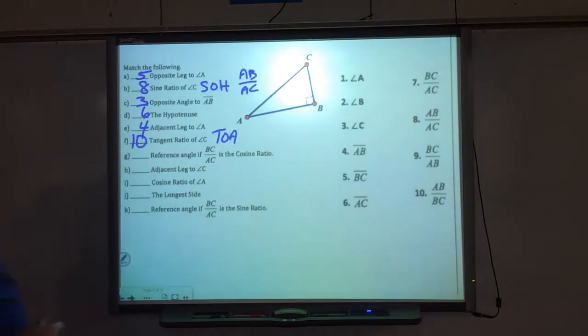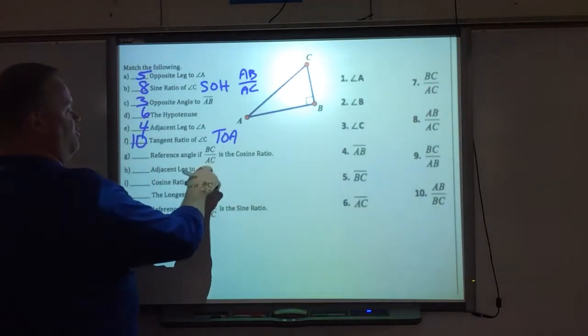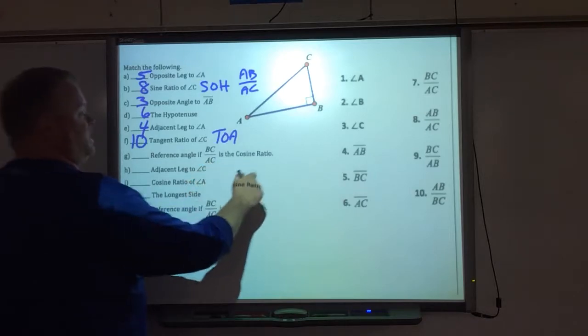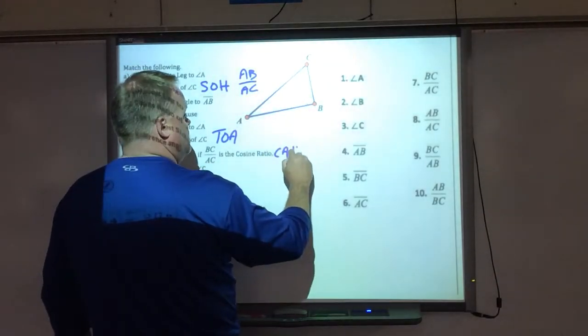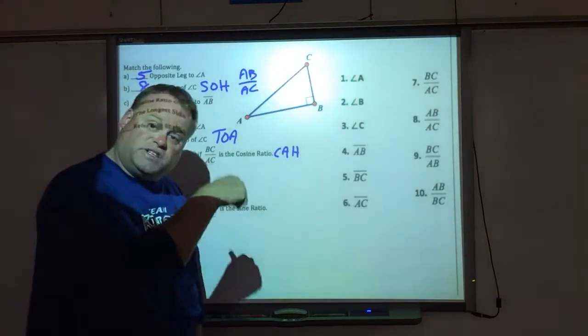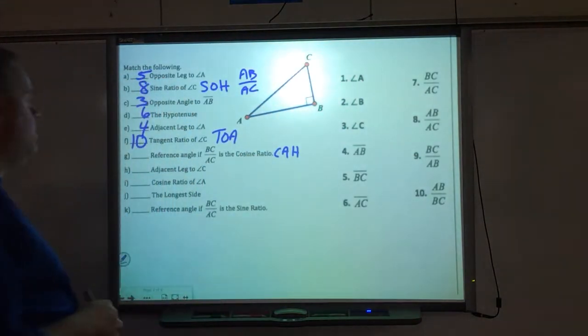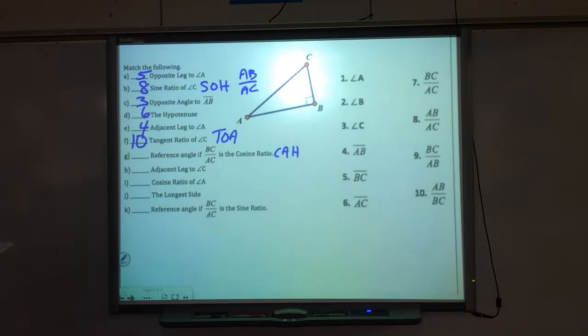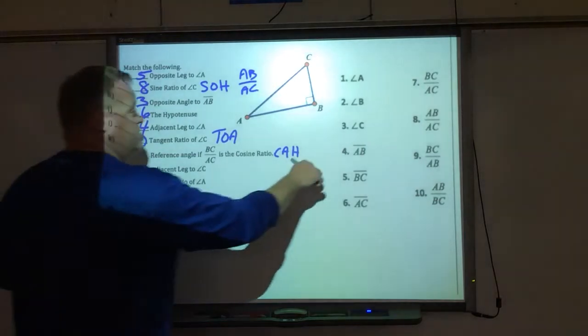The reference angle of BC over AC is the cosine. Cosine is CAH, so I need adjacent over hypotenuse. When you think about it for a second, it should be number 3.